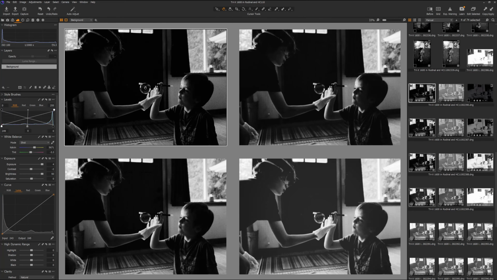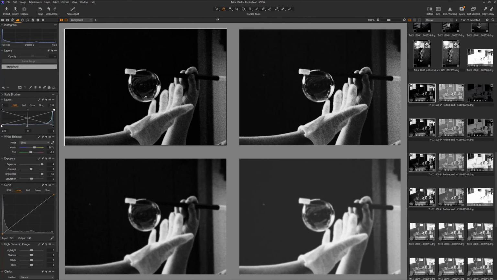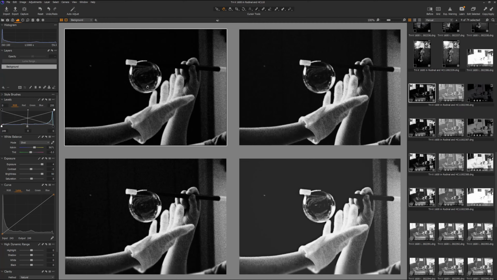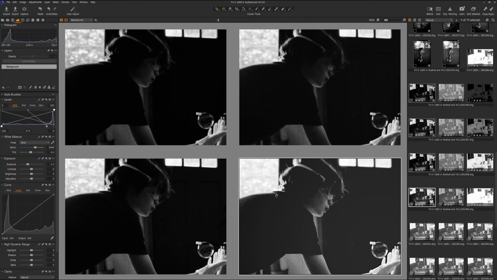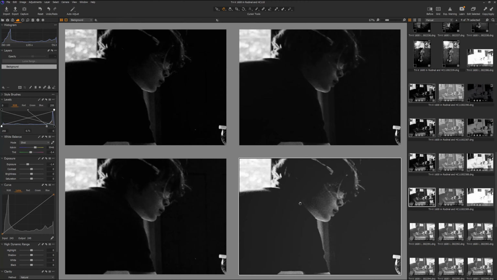The only one that isn't really hanging out with the others is the one where I exposed way to the right, this one in the bottom right. You can kind of tell that the shadows are sort of dead.